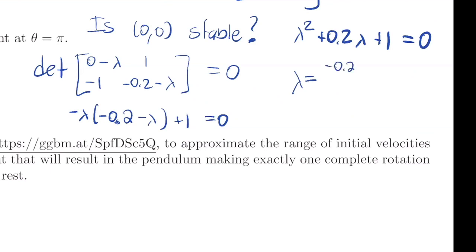So I would get this plus or minus the square root of 0.04 if I square that, minus 4, over 2, using the quadratic formula. And at least at this point, what I can see is that it's going to be complex because the thing under the square root is negative, and the real part is going to be negative because of that term that I just highlighted.